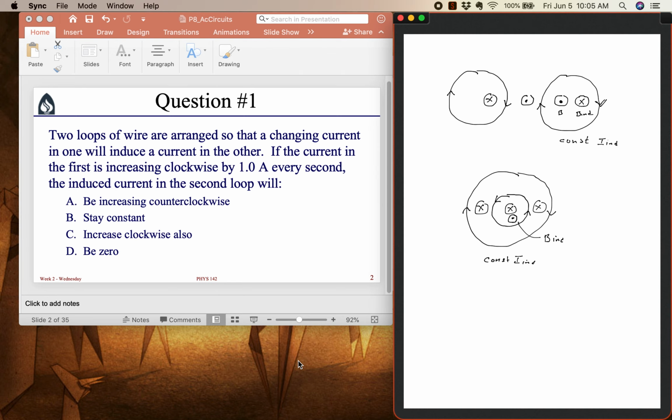But in either case, depending on how the loops are arranged, you can get either a clockwise or a counterclockwise current in the secondary. But in both instances, since the increase in current in the primary is constant, then the response of the secondary and the induced current in the secondary will also be constant.